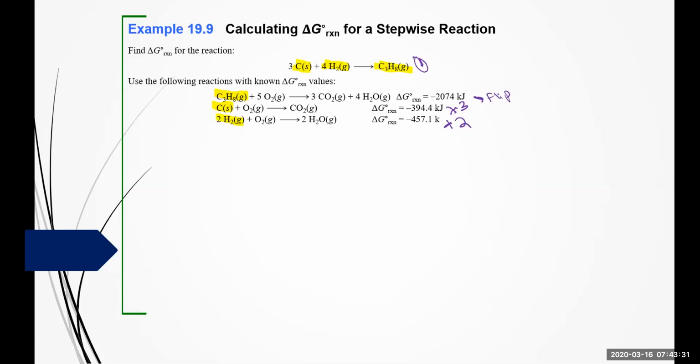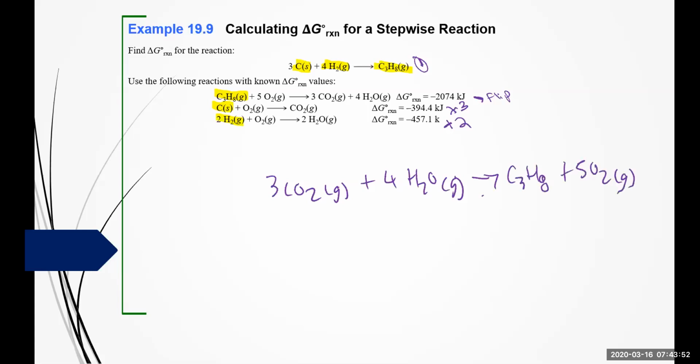And so then when we set all of that up, we get something like 3 CO2 gas plus 4 H2O gas going to C3H8 plus 5 O2 gas.